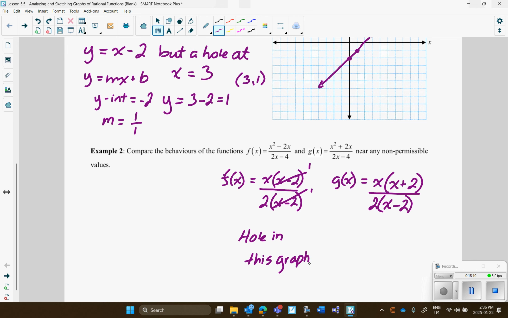No vertical asymptote, just a hole. Here I can't cancel anything out, so there's going to be a vertical asymptote in this graph. That's the difference between the two.